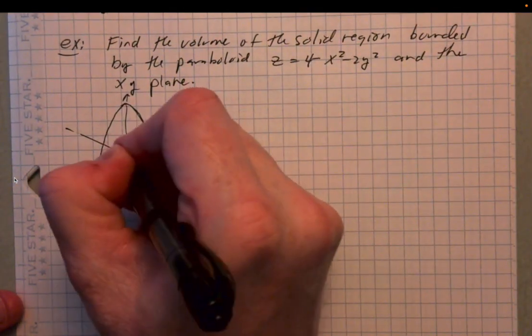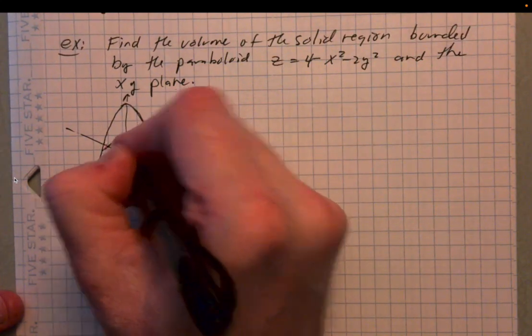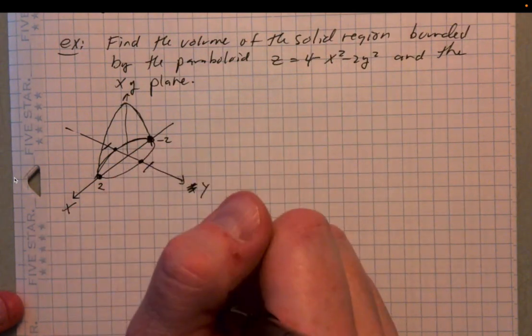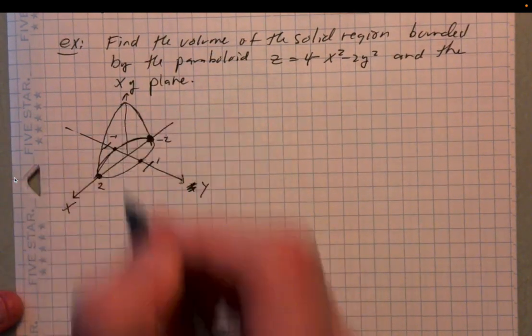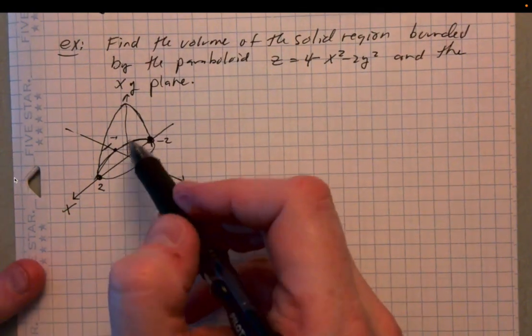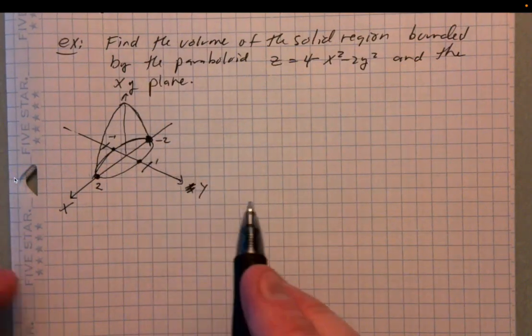And then these intersections are not nice numbers, so they fall somewhere between positive and -1 on the y-axis. So that's kind of what it looks like. And so this region in the xy plane is an ellipse.